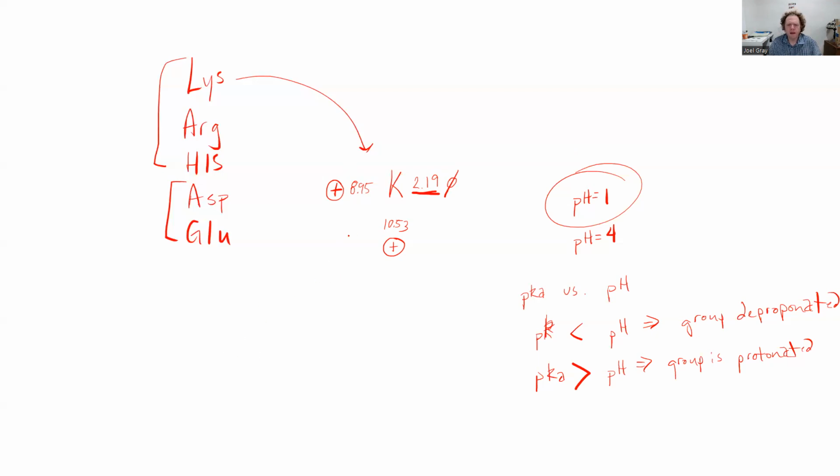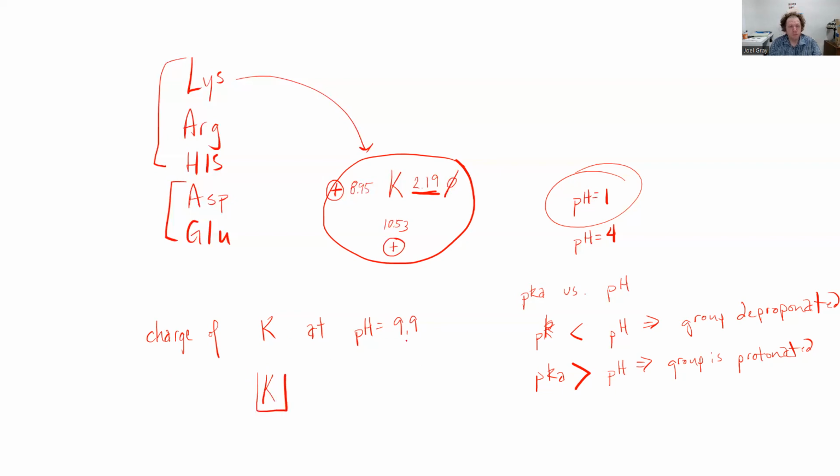So if I were to look at, well, what is the charge of, let's go with lysine, K, at pH equal to 9.9. In that case, I would say, here is my lysine at a pH of 9.9. 9.9 is greater than 2.19.